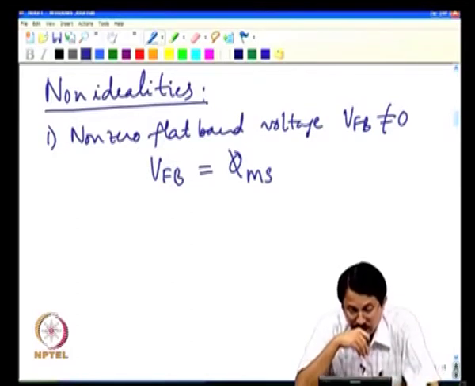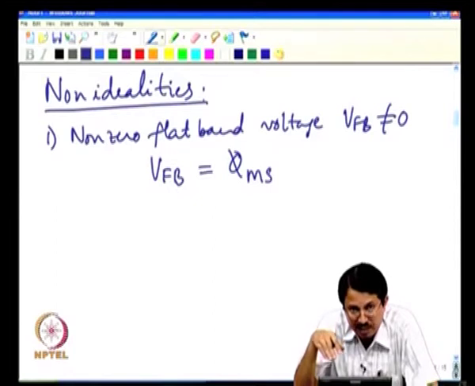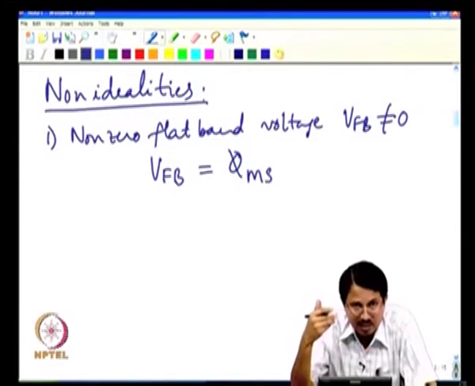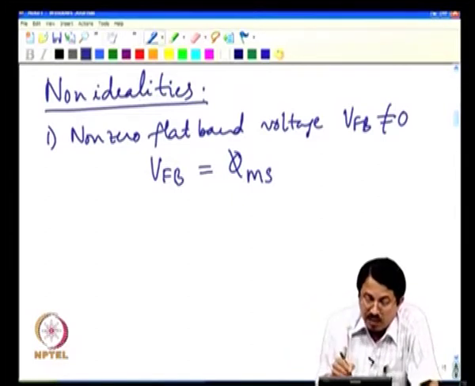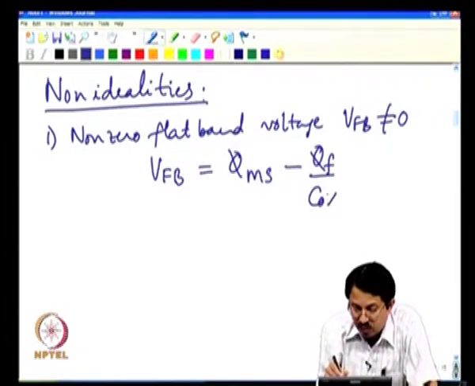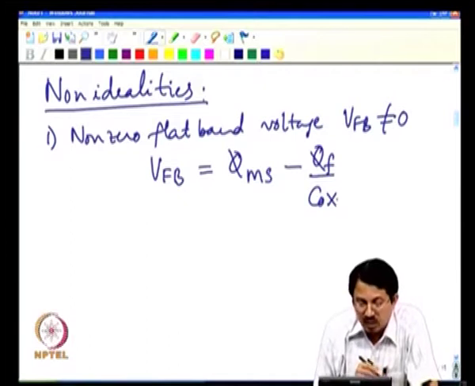Your capacitors made on p type silicon are likely to be for n channel transistor, and they will have their work function on the gate side which is closer to the conduction band of the silicon. It will be like n plus on the gate, and hence there is a phi ms. And in addition to that, you can also have what is called fixed oxide charge.